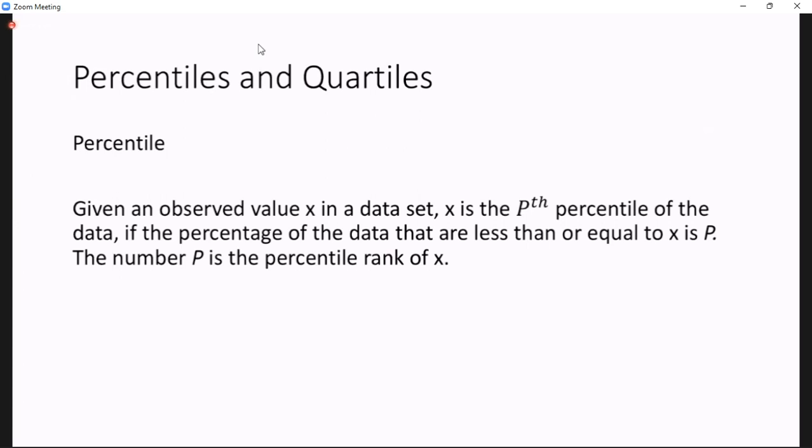Then divide that by the total number of elements in the data set and multiply it by 100 to find the percentile value. We call that the percentile rank of X. Clear? Percentile value of X.